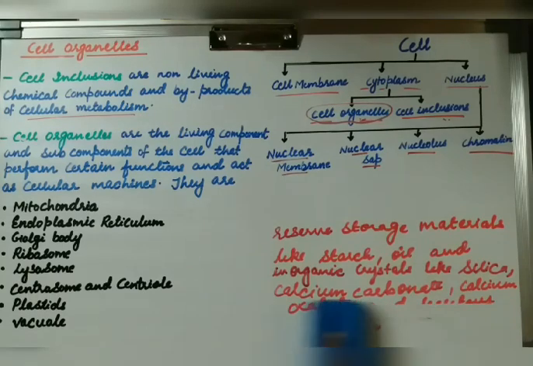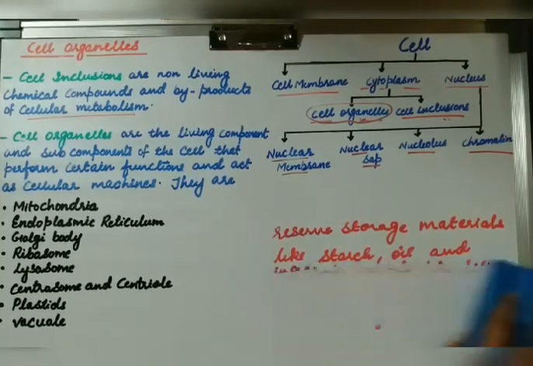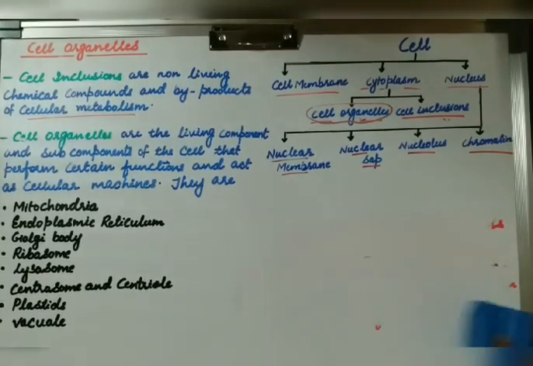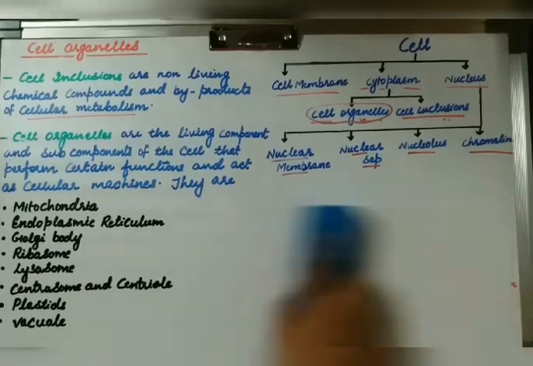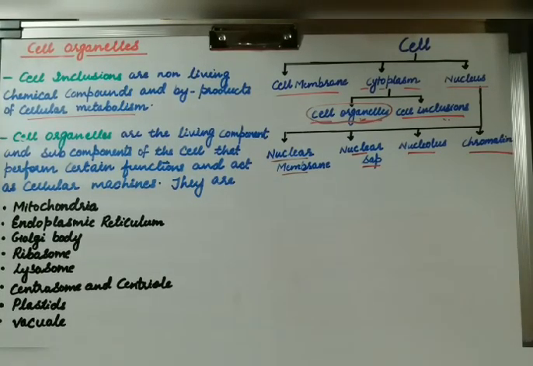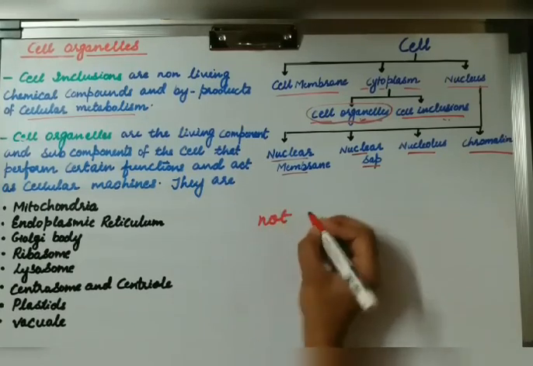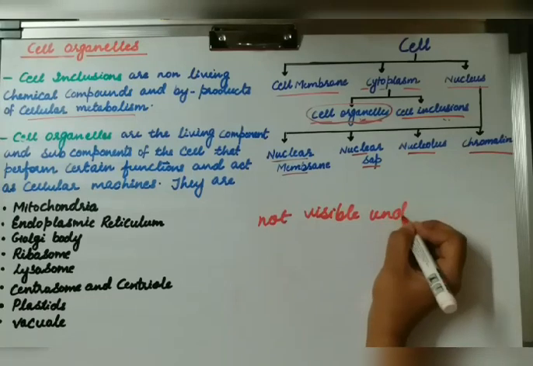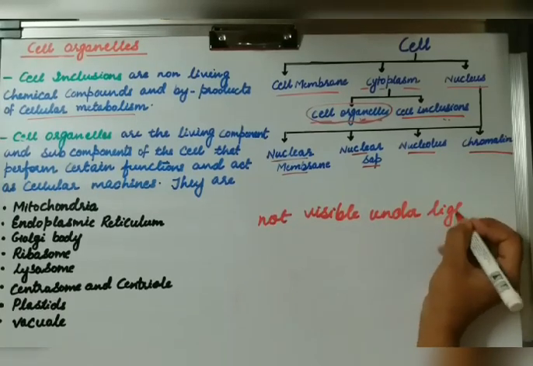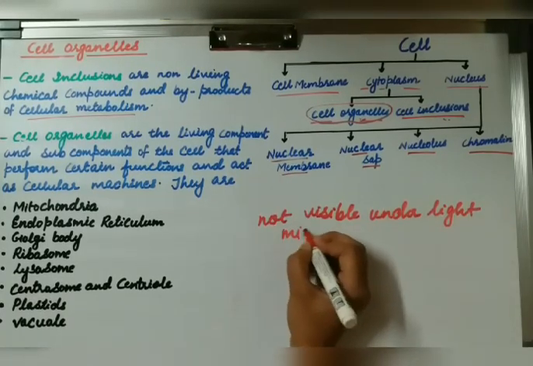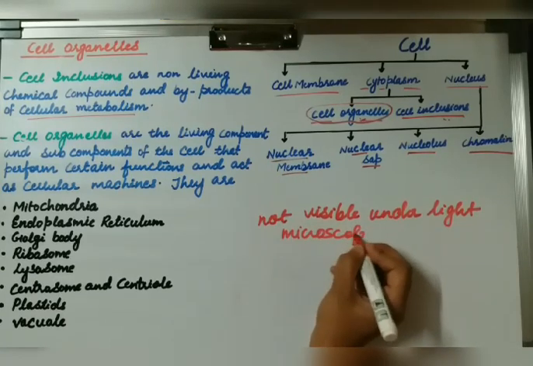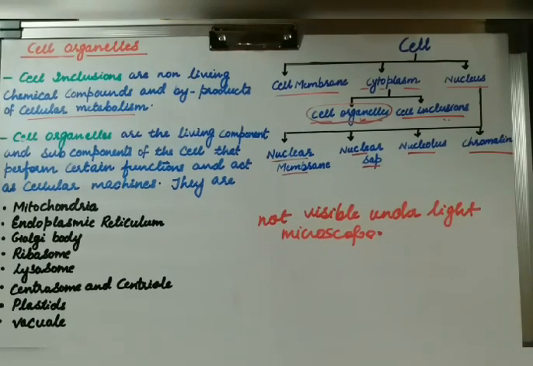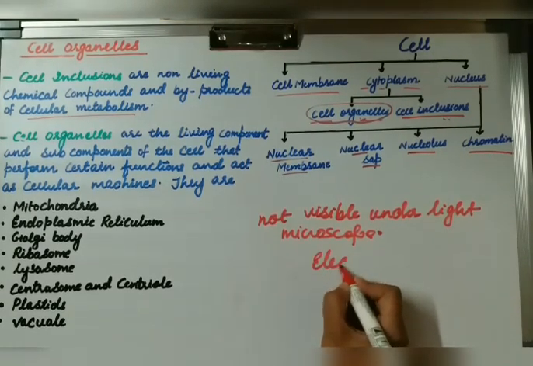Now the thing is that the basic structure of the cell organelles is not visible under the light microscope. These were known and understood only after the technique of the electron microscope.